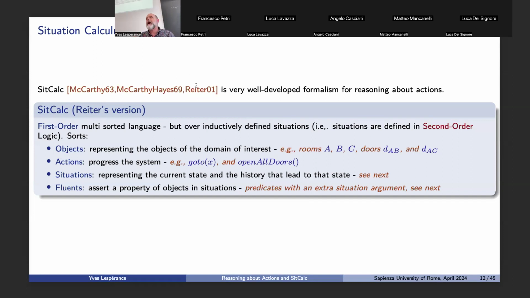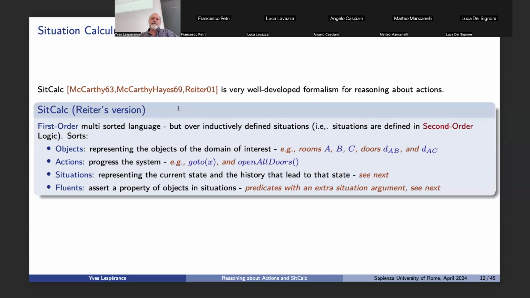More recently, in the 90s, Ray Reiter is somebody who did a lot of work on this formalism to develop solutions to many reasoning about action problems. The textbook is on the web page, and it's in the references at the end of the slides, if you want more details about this formalism. It's a standard reference for situation calculus.